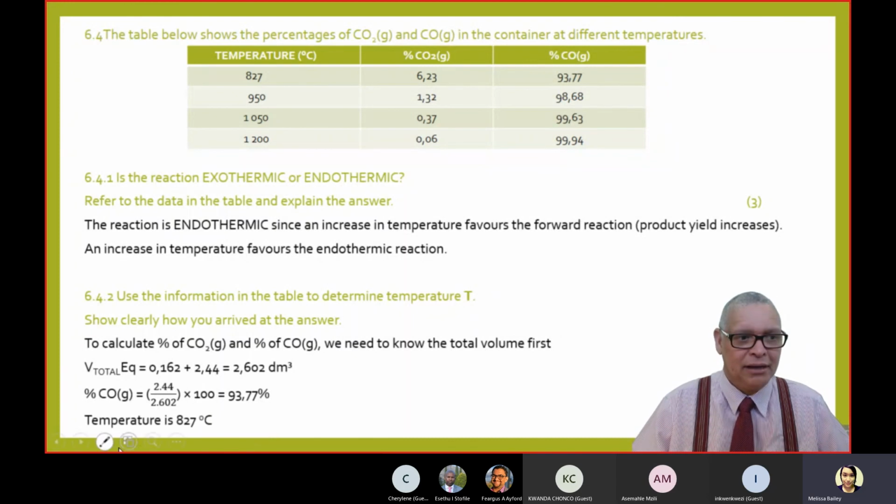93.77%. And therefore, looking at the temperature now, because that's 93.77%, here we look at our table, there we see our 93.77%, and if we look across there, that is mapped to 827 degrees Celsius. So notice a beautiful calculation here.